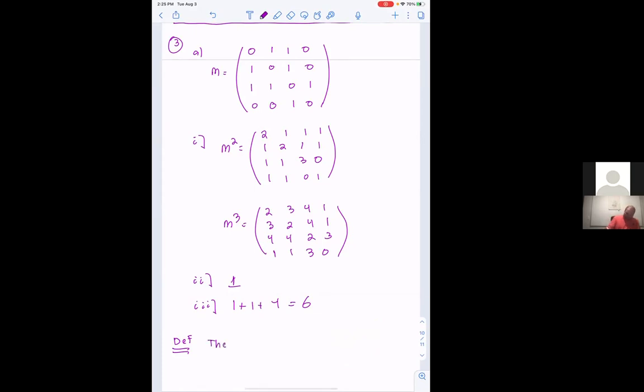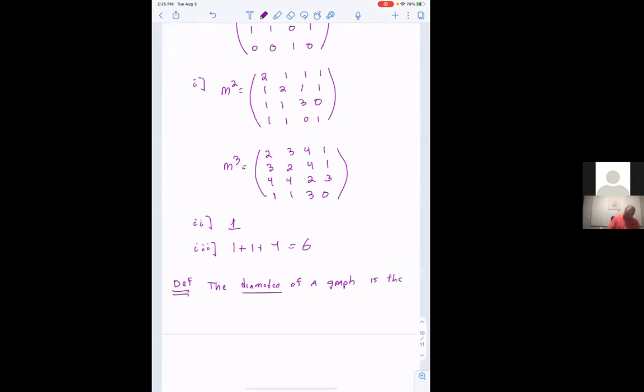The diameter of a graph is the length of the maximum shortest walk between any two vertices.